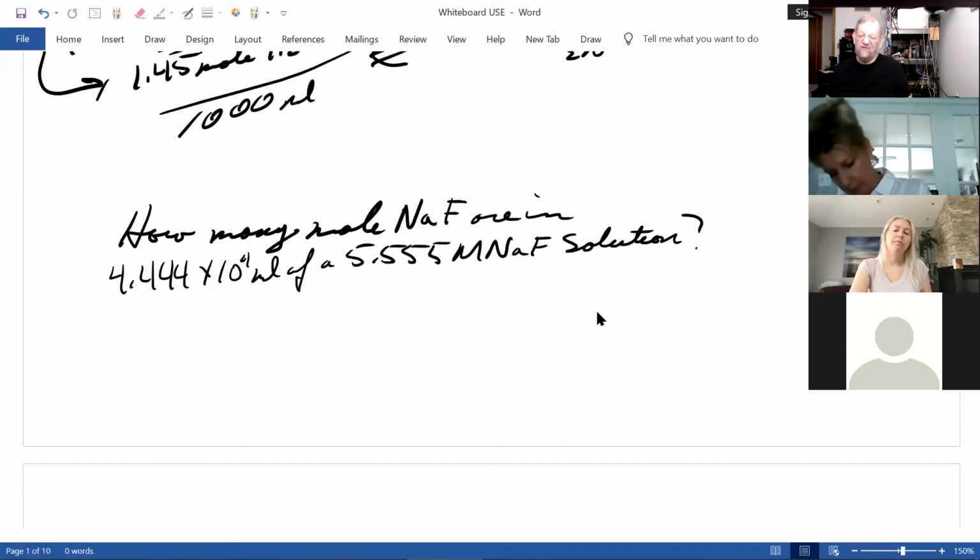Let me read this for you to try. How many moles of sodium fluoride are in 4.444 times 10 to the fourth milliliters of a 5.555 capital M NaF solution? By the way, sodium fluoride is what's put in your toothpaste and also in your water to fluoridate it to keep your teeth healthy.